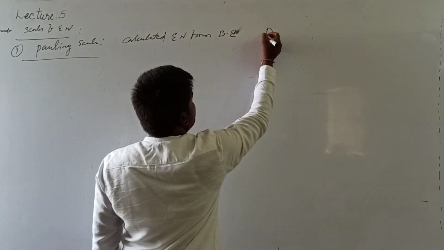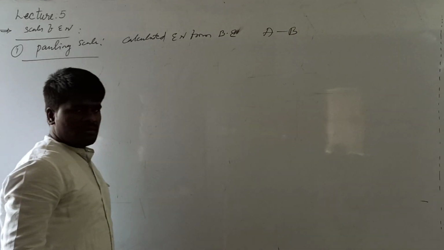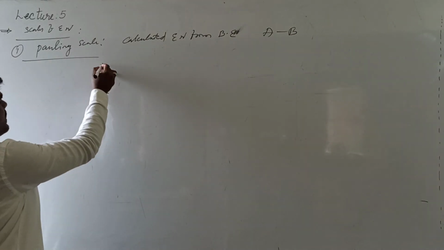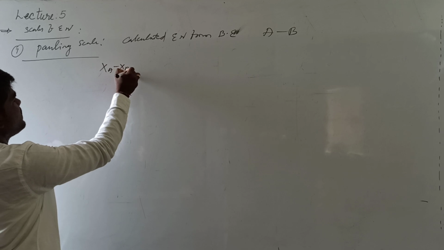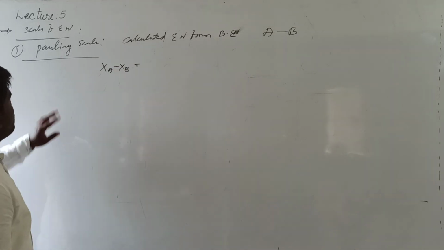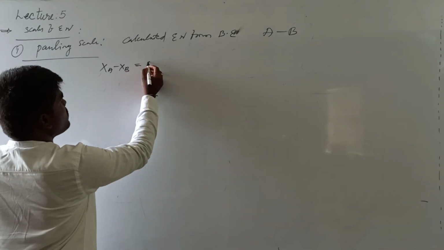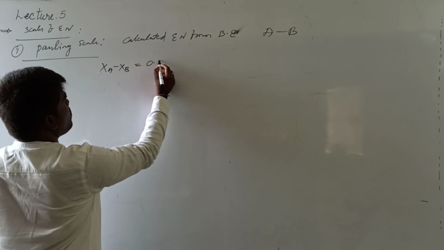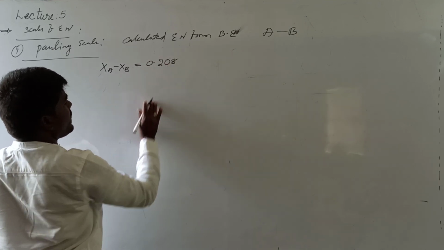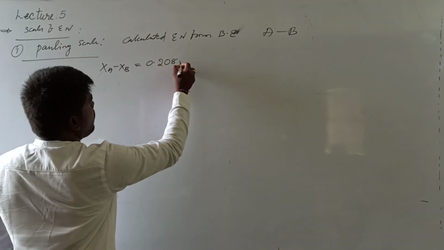Suppose you take a bond between A and B. If you want to calculate the electronegativity of A and B, according to Pauling, he calculated these values by using a relation: chi A minus chi B equals 0.208 root delta.